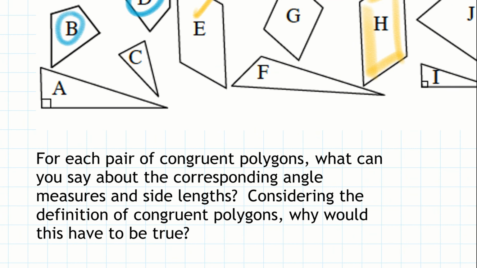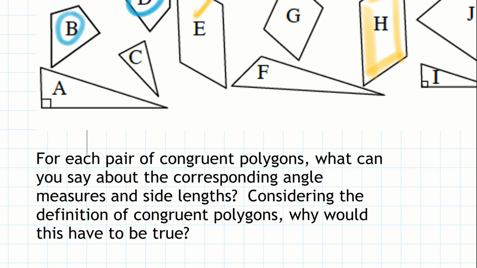Considering the definition of congruent polygons, it says for each pair of congruent polygons, what would you say about the corresponding angle measures and side lengths? Well, I would say, based on the definition, that the corresponding angles are going to have the same number of degrees, right? They're going to be the same size, and the side lengths are going to have the same number of inches or millimeters or whatever we're measuring the sides in. So they would have to be equal.